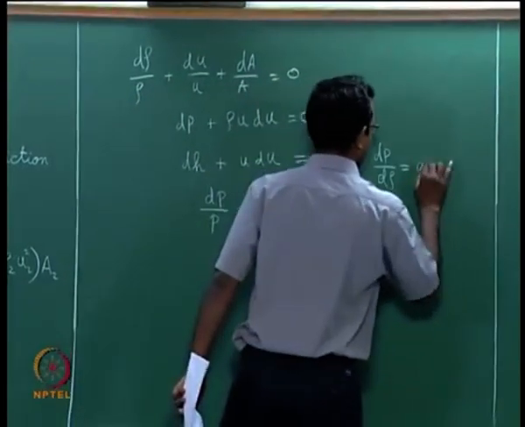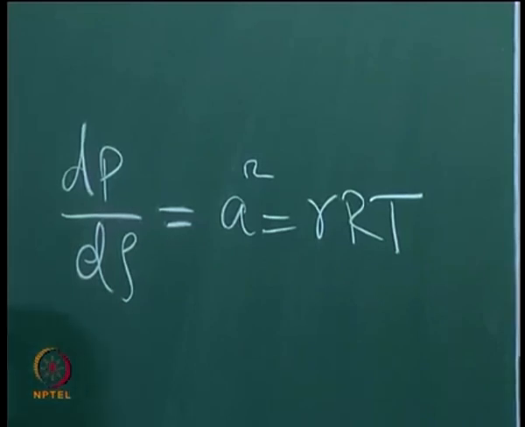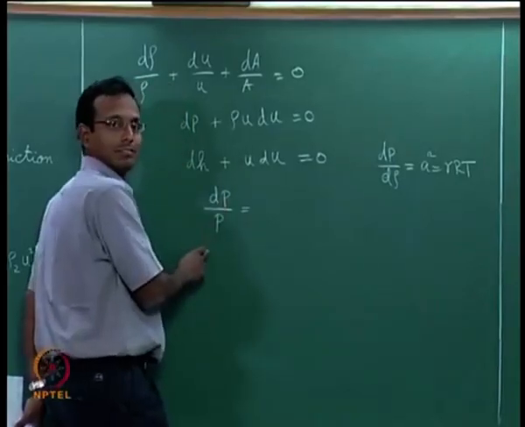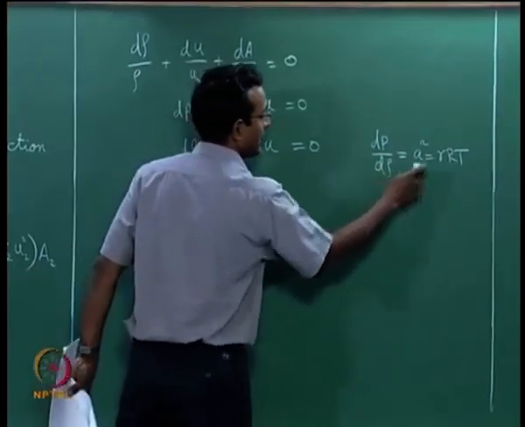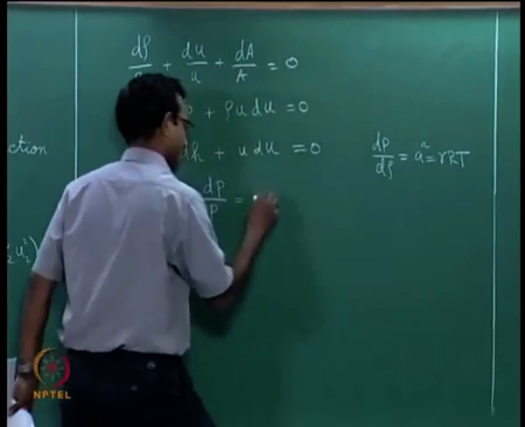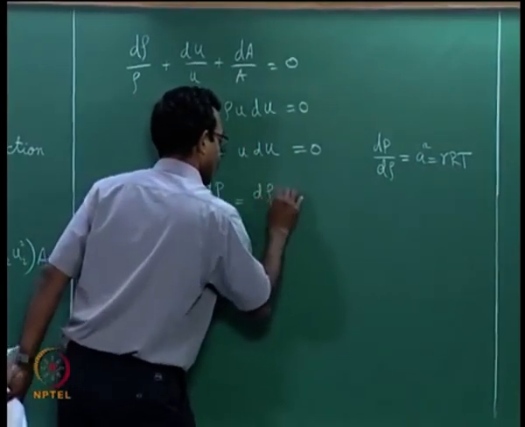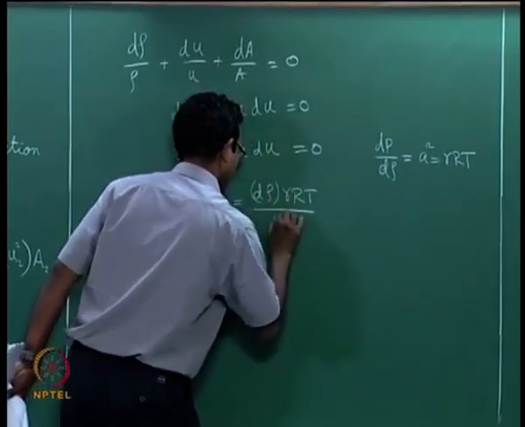A square, which is gamma RT. We will keep this form, which is a very nice form. Now I want dP by P. So dP is d rho times gamma RT. I will keep it that way. Okay. So it will be d rho times gamma RT divided by P.